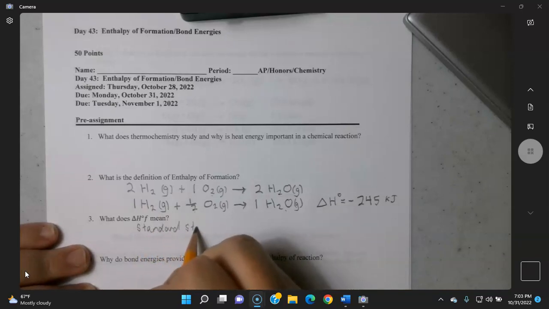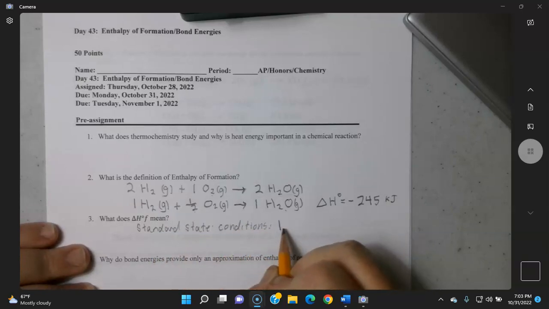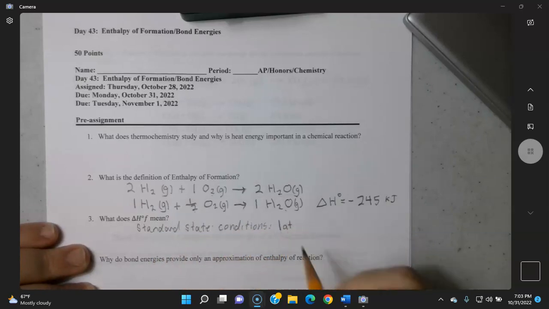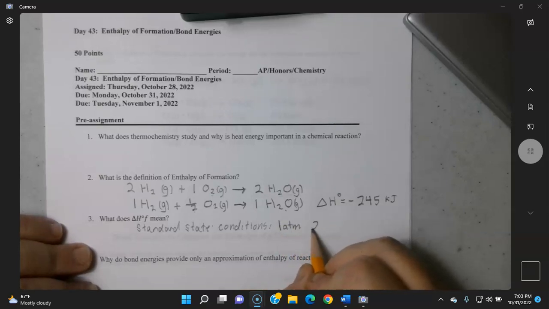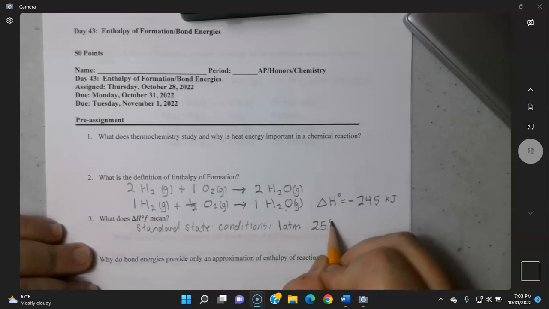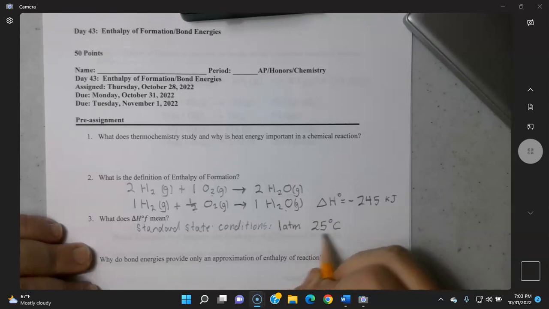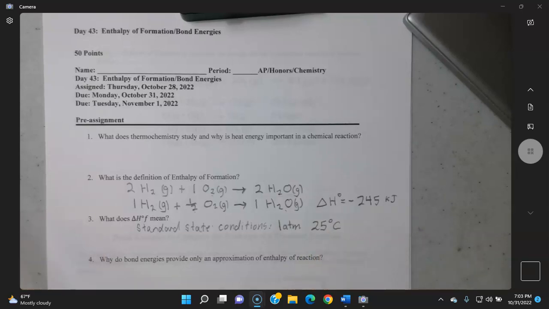Standard state conditions are 1 atmosphere of pressure, just like STP, standard temperature and pressure in gas laws, but it's not 0 degrees centigrade. It's roughly room temperature, 25 degrees centigrade. And that's not a firm number, but generally you think of it as room temperature conditions. 1 atmosphere, 25 degrees centigrade.